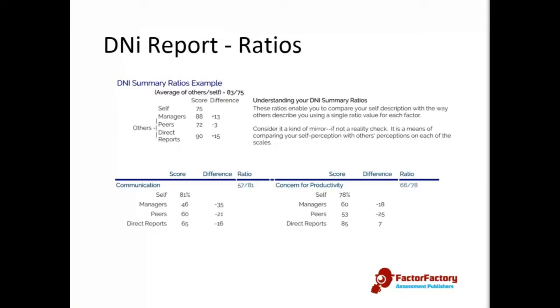And then 81 was their own score. So you can begin to look at what's the overall gap between how others see them on average and how they see themselves. And that's an example of a pretty large gap. So there could be a communication problem here that probably would benefit from some attention, goal setting, and discussion with you as a facilitator.